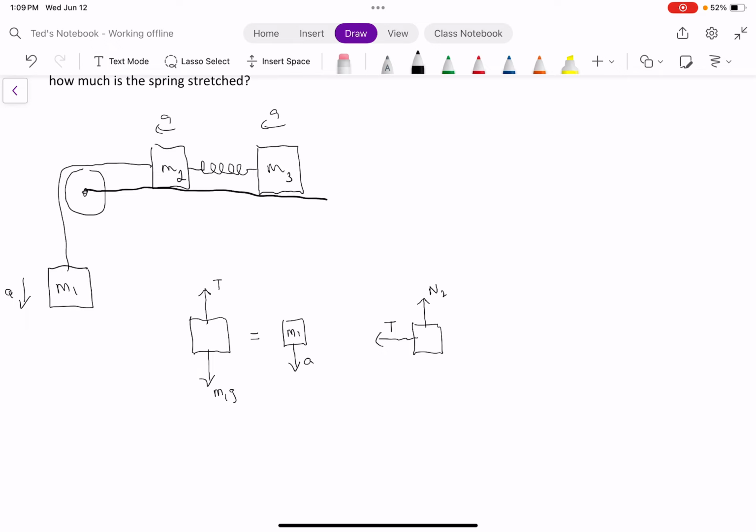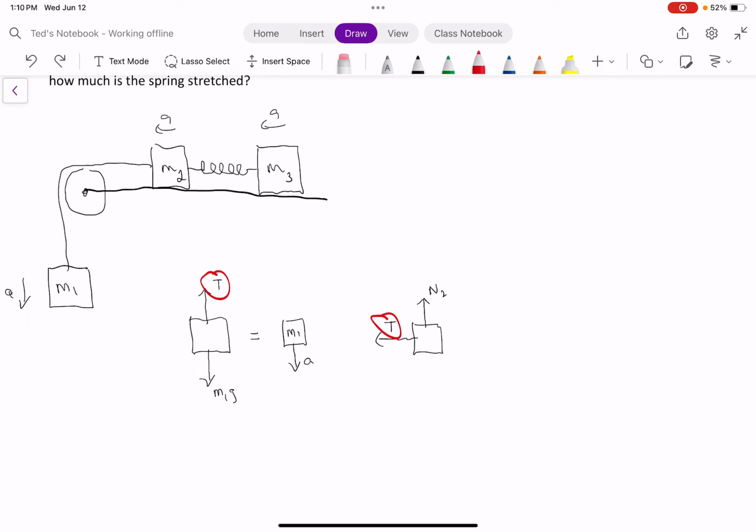Now, I have intentionally labeled this tension force and this tension force with the same letter T. And the reason is we're told that this is a massless, frictionless pulley and that this is an ideal string. Well, ideal strings will have the same tension on both sides, and a massless, frictionless pulley doesn't change the tension of the string.